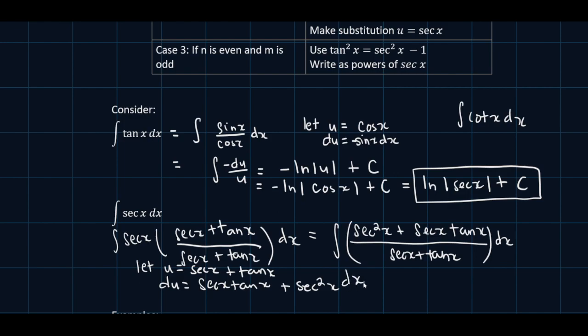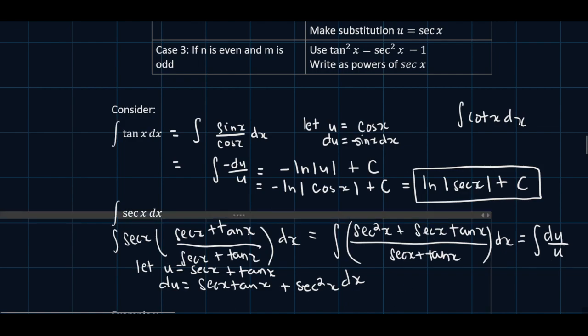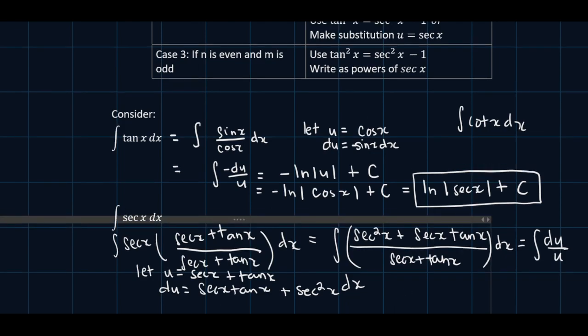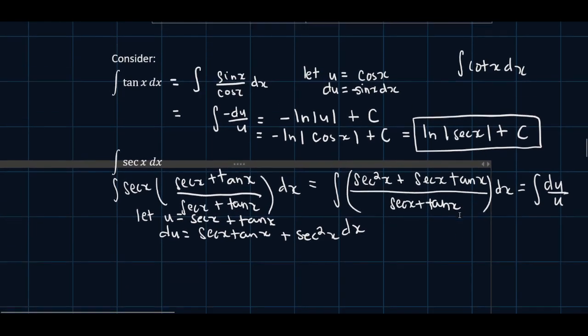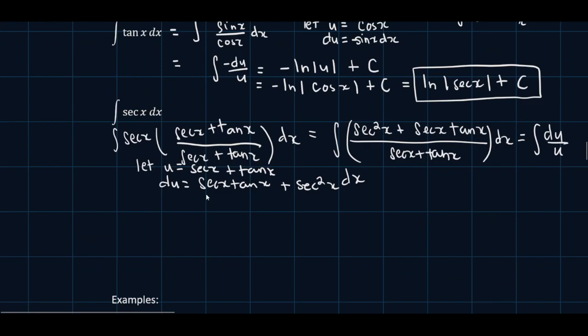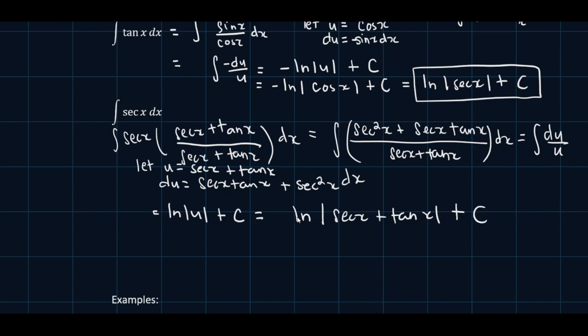So we have written this as the integral of du over u. After applying the substitution, this is equal to ln of the absolute value of u plus c, or ln of the absolute value of secant x plus tangent x plus c.